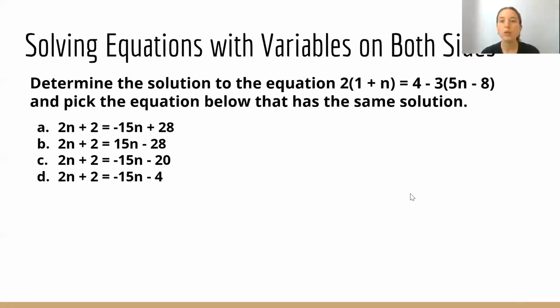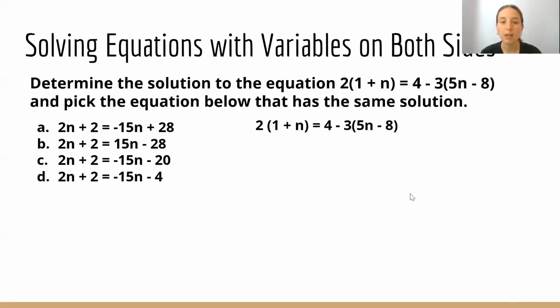All right. I'm going to focus on that first part of the problem, which is just solving. So here's my equation. Now I'm thinking back to everything we've learned this year, and I know that one of the first things I'm going to need to do is simplify this equation so I can start to work with it. So I'm going to distribute the 2 and the -3 to both of the terms inside of each of the parentheses.